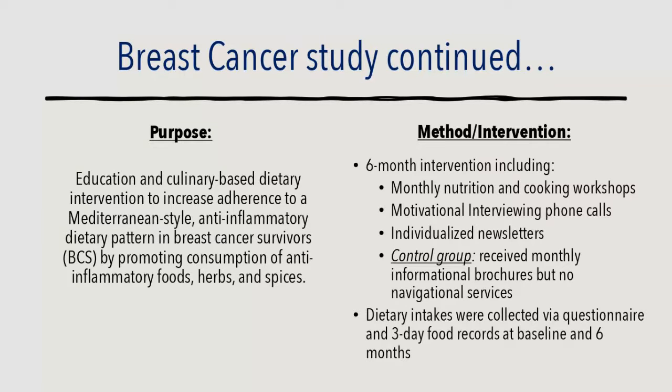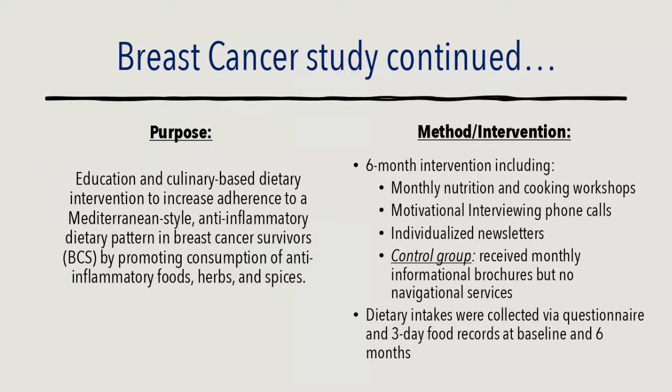So the purpose of this study was really based on implementing education and culinary-based dietary intervention to increase adherence to a Mediterranean-style anti-inflammatory dietary pattern in breast cancer survivors, and this was by promoting consumption of these anti-inflammatory foods, herbs, and spices. So essentially, this was a 6-month intervention period, and they used monthly nutrition and cooking workshops.